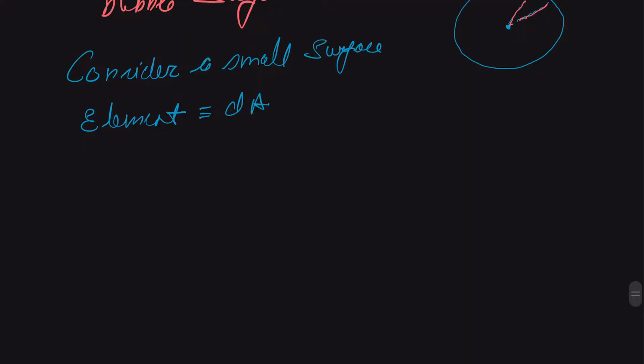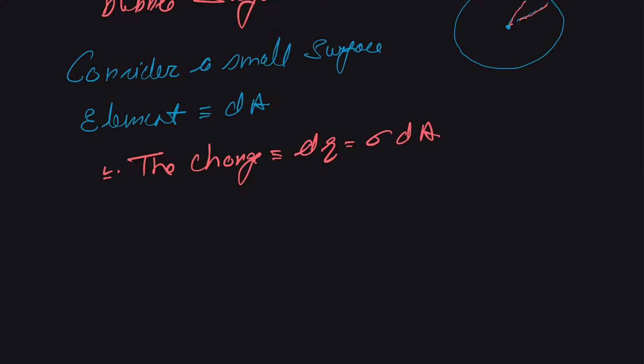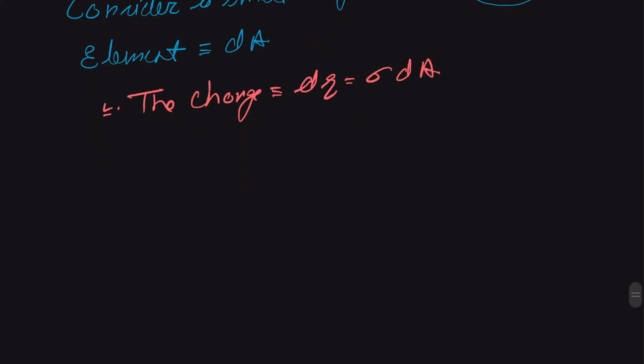So from here we can find out the charge on this element, which is our dq, equal to charge density multiplied by dA. And from here we can find out the force. So the force dF will be equal to dq times the average electric field.